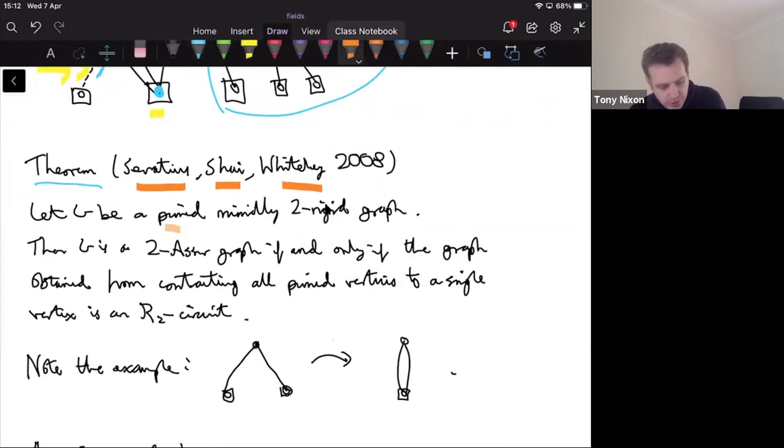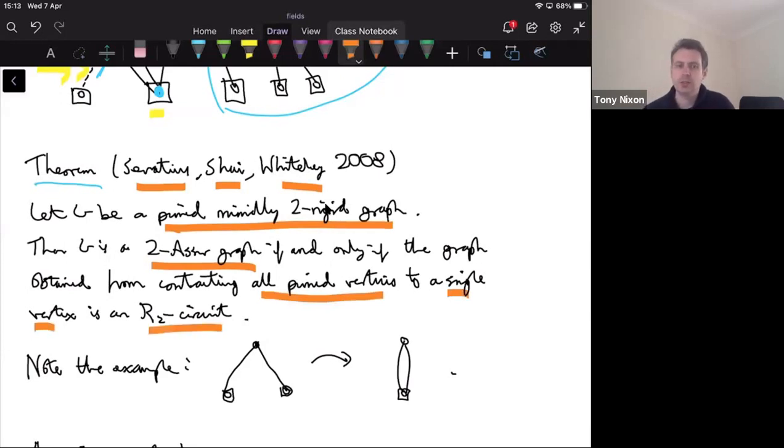I take a pinned minimally 2-rigid graph G, and then this is a characterization of when such a graph is a 2SU graph. So when it has no pinned minimally rigid proper subgraphs. That's true if and only if the graph you get from contracting all the pinned vertices to a single vertex is a circuit in the 2D rigidity matroid. So it's an R2 circuit.